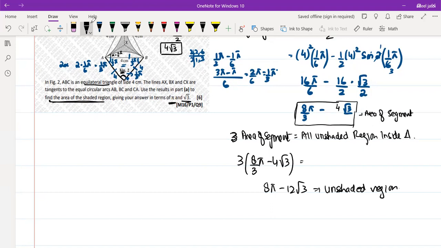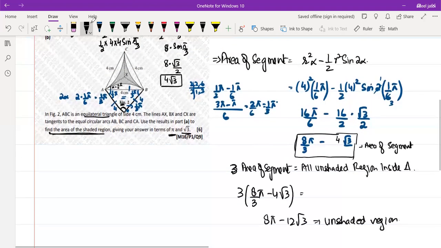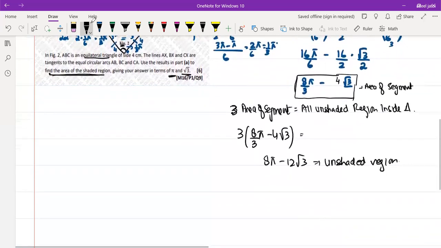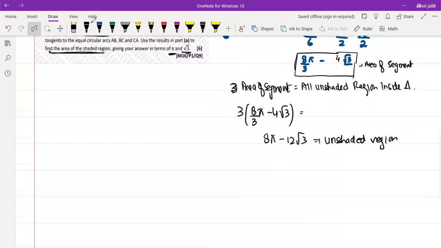And we already know that we have 4 under root 3. So we need to subtract this, because it is the area of the triangle minus the area of 3 segments.